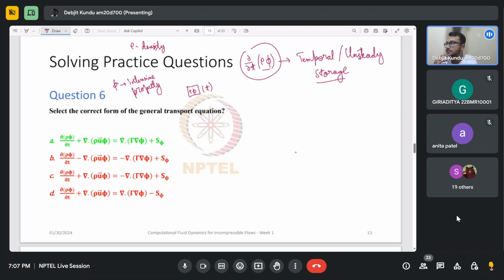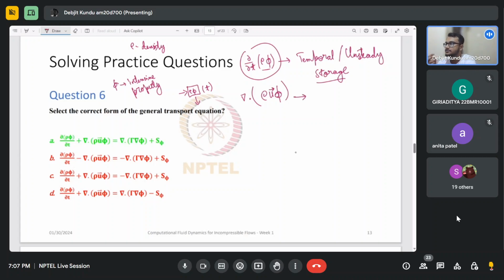Now there are different ways in which rho phi can change in this control volume. One way is that it can either flow in or flow out of this control volume, right? Along with the velocity field surrounding it, or the velocity fluxes, so to say. So the flux is basically rho u into phi, and if we take the divergence of it, that gives us the change with respect to time.